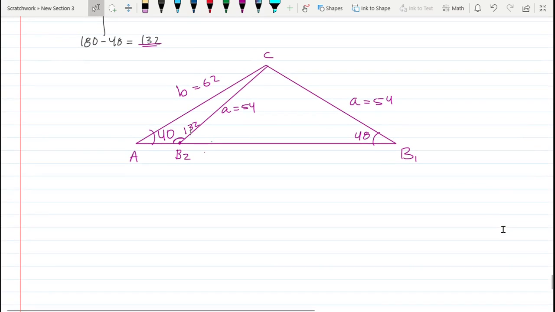So let's make things a little bit more clear. So here's one angle, or one triangle if you will.